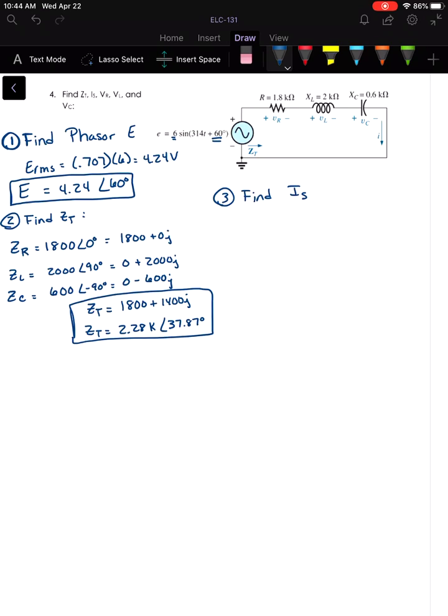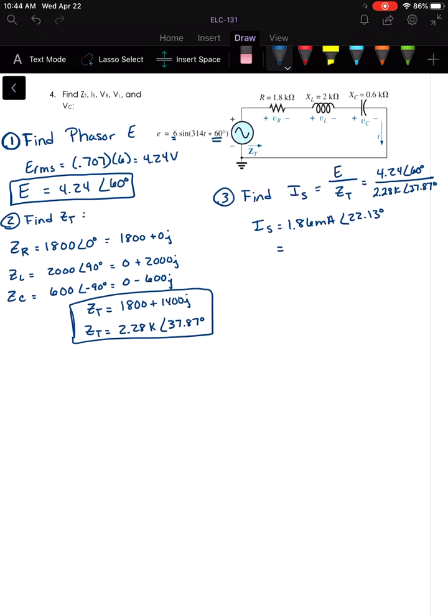We do that so that we can find our source current, I sub S. Remember, I sub S is the phasor voltage divided by the total impedance. So if I'm using 4.24 at 60 degrees, I can use either the rectangular or the polar form. I'll switch to the polar form this time. 2.28K at 37.87 degrees. So I sub S would be 1.86 milliamps at 22.13 degrees.